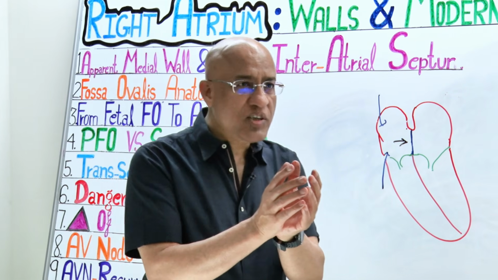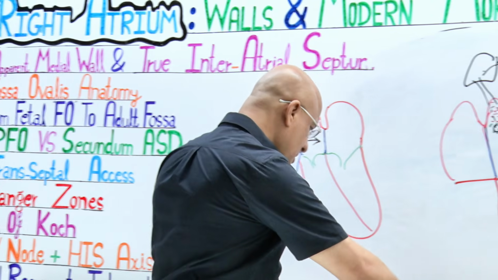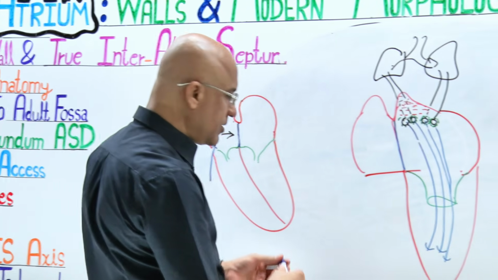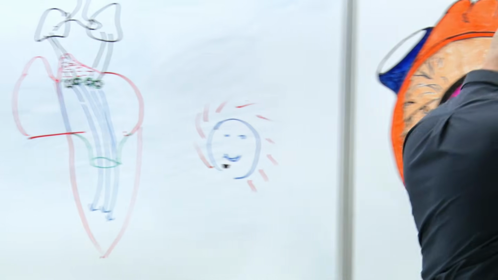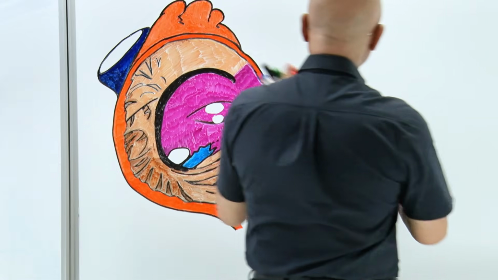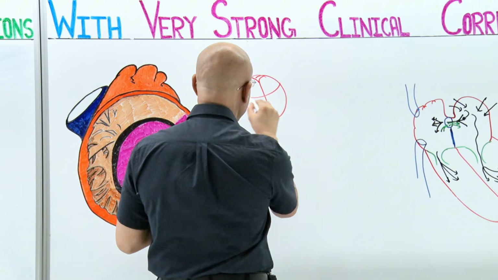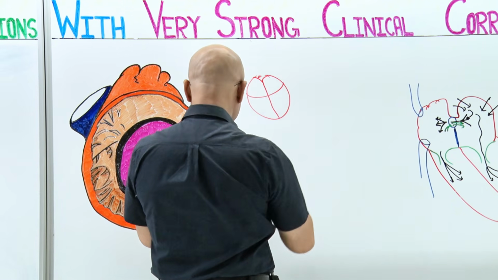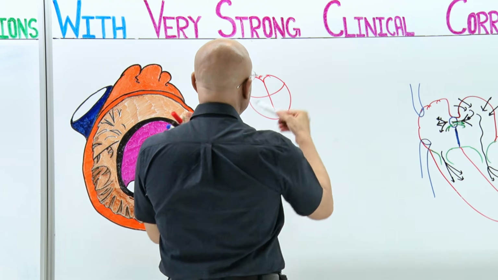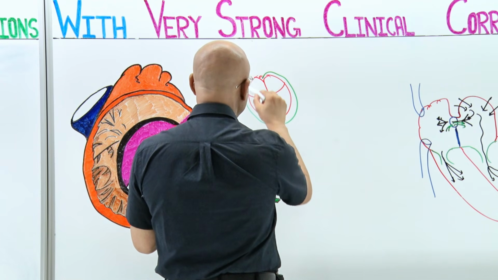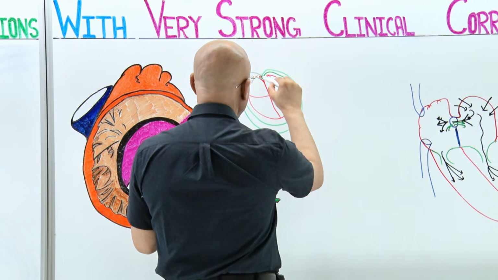So in these patients, look here. Suppose this is a normal heart, and this is the pericardial sac around it, right?